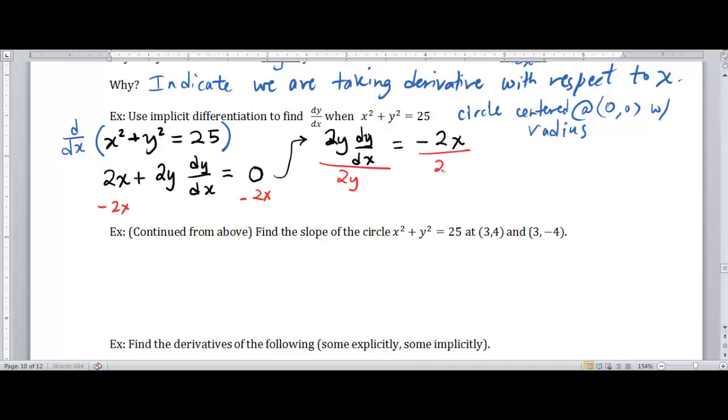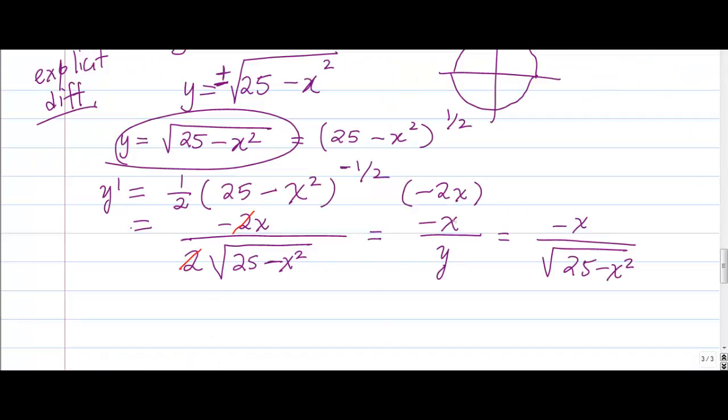Okay, and then I'm left with dy dx equals minus 2x over 2y. The 2's can go away, right? 2 over 2 is 1, and I'm left with minus x over y, which is what I had when I did this explicitly. Okay, that's the same thing I got here, minus x over y.